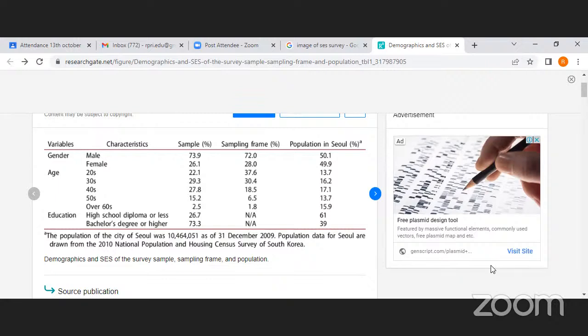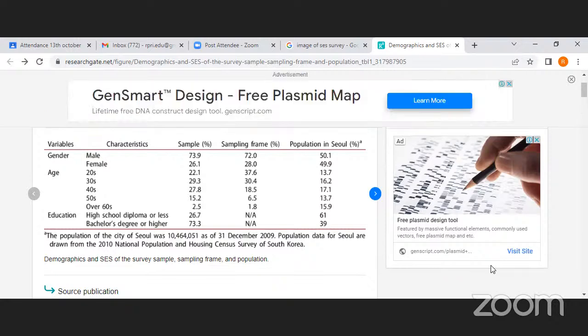Why? Because your result will reflect the population. So this is vital.